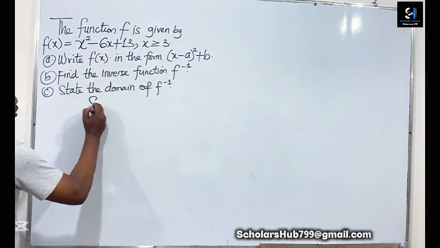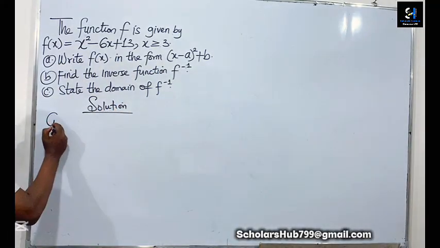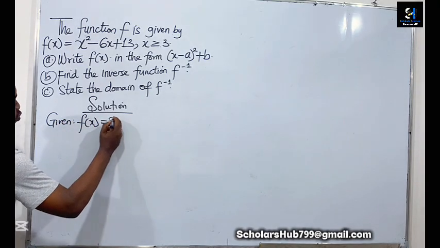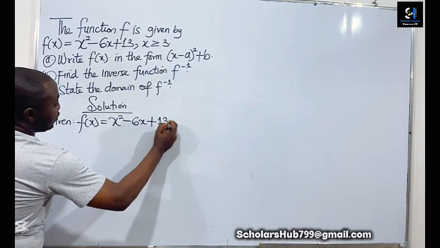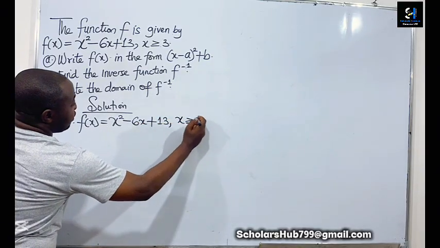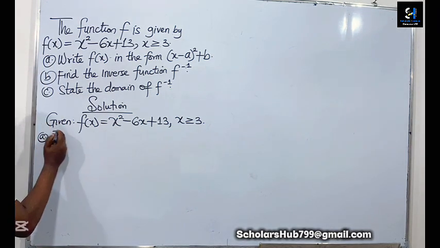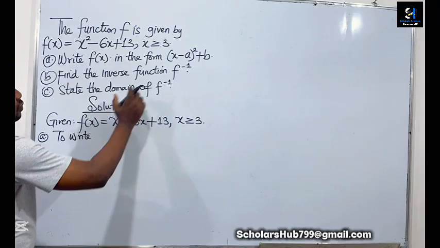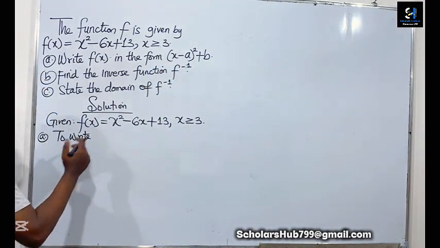Okay, right. Solution. We are given f of x equals x squared minus 6x plus 13, defined for x greater than or equal to 3. Now, the first question is to write f of x in the form (x minus a) raised to the power of 2, plus b.